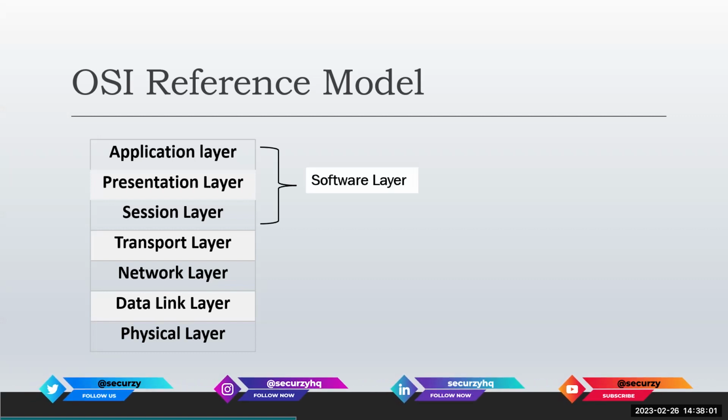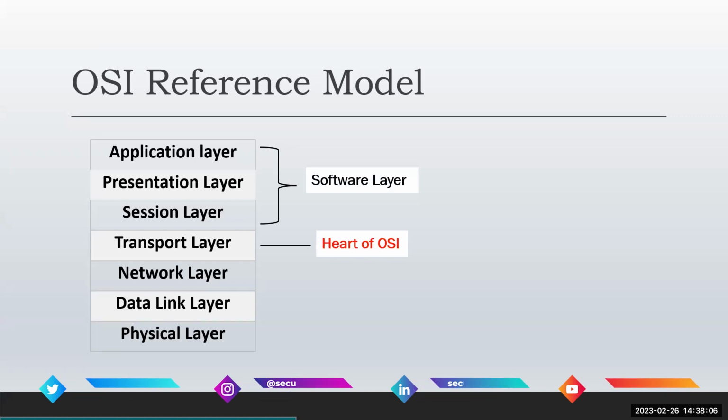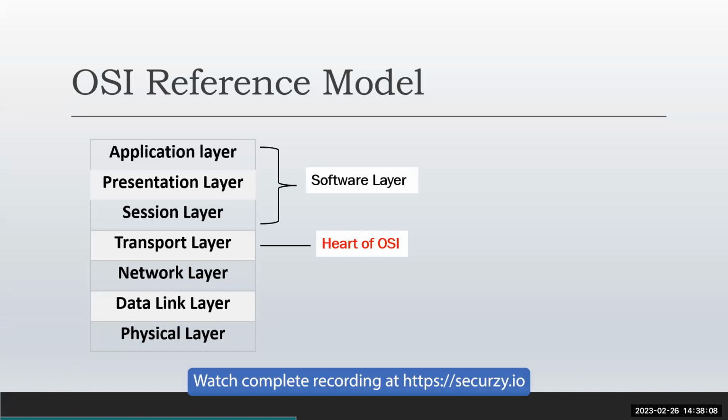The transport layer is also called the heart of OSI, because it consists of two main protocols, TCP and UDP. How many of you know about TCP and UDP? Reply to me. And the last 3 layers are the hardware layers, because hardware works on these layers.